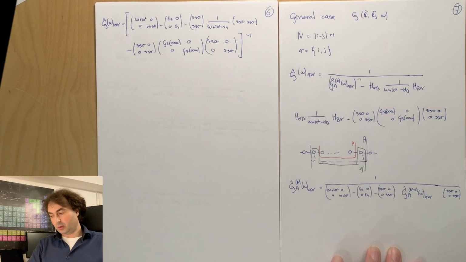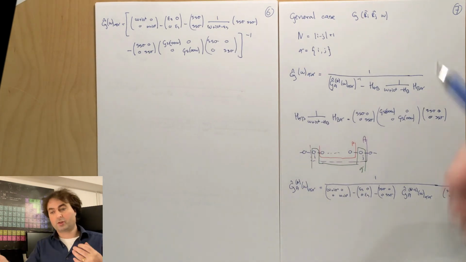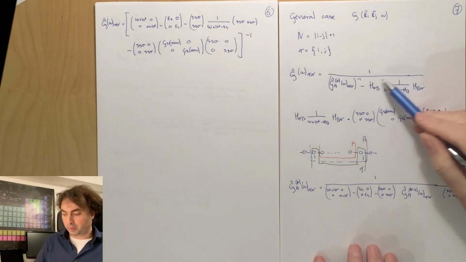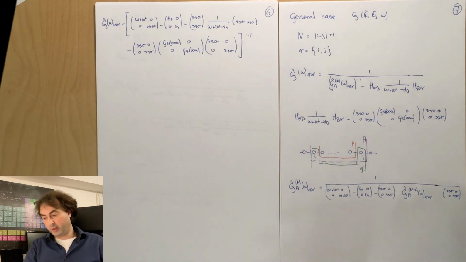So I hope to have shown you with a few examples how we can work with these kinds of Green's functions, how we can separate the Hilbert spaces in parts, look at how you propagate through part of that system and how this system couples to the rest of the system. And this coupling to the rest of the system is very often called the self-energy.